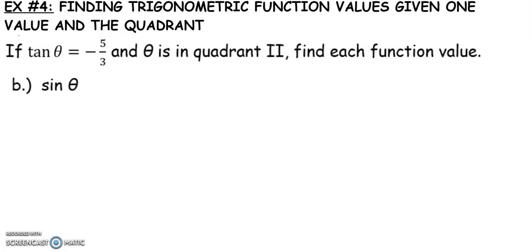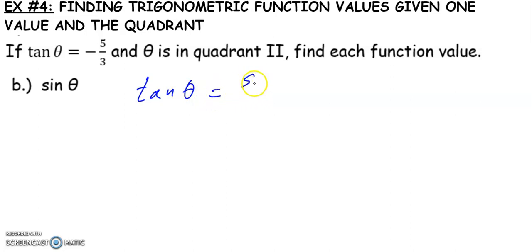Well, what if I give you the same setup? Tangent theta is still negative 5/3, and we are still in quadrant number 2. Let's find the sine of theta. So somehow, again, I want to come up with an identity that puts sine, what I'm looking for, and tangent, what I'm given, in the same identity. Well, that identity is one that we know.